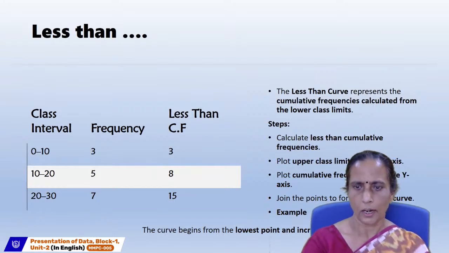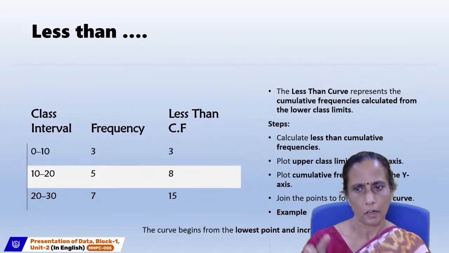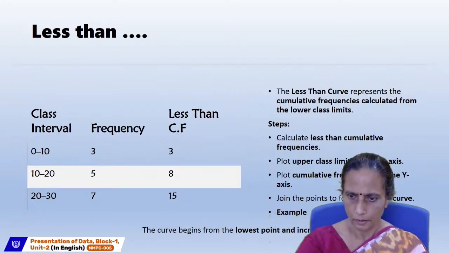Then you plot your upper class limits, that is 10, 20, and 30, on the x-axis, and the cumulative frequencies, 3, 8, and 50, on the y-axis, and join them using a smooth freehand curve. The curve begins from the lowest point and increases upwards.